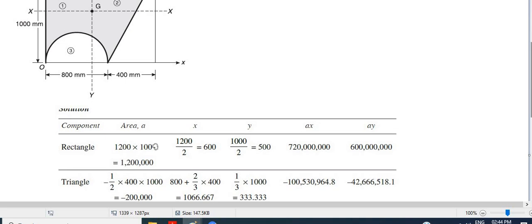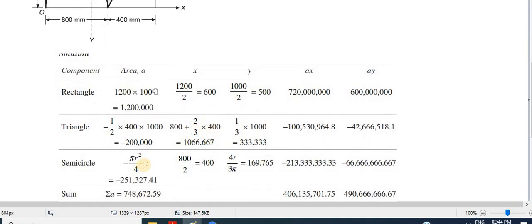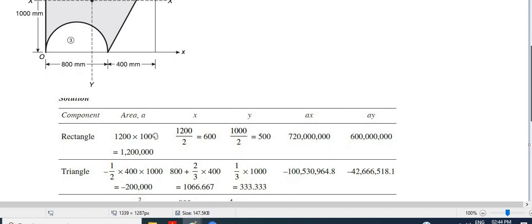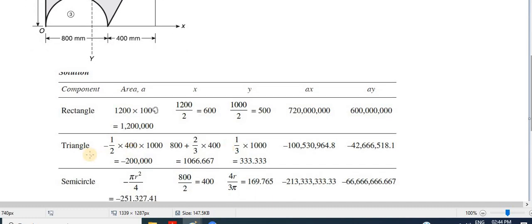Area of a semicircle is pi r square by 2. Maybe I put pi r square by 4, it's wrong. It is pi r square by 2.